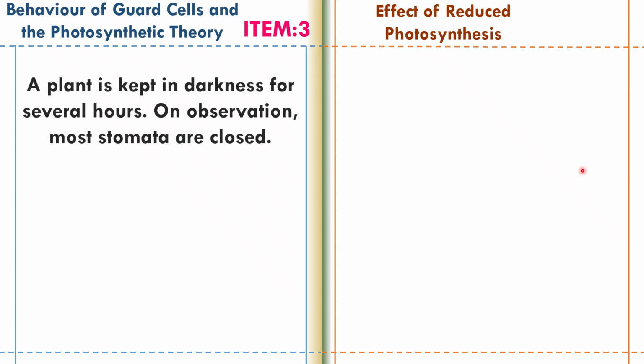We are still on the behavior of guard cells and photosynthetic theory, item 3. Focusing on the effect of reduced photosynthesis. A plant is kept in darkness for several hours. On observation, most stomata are closed.